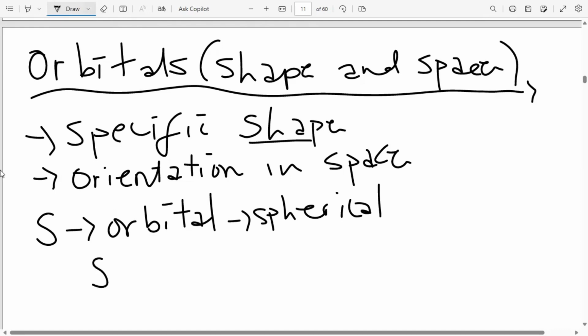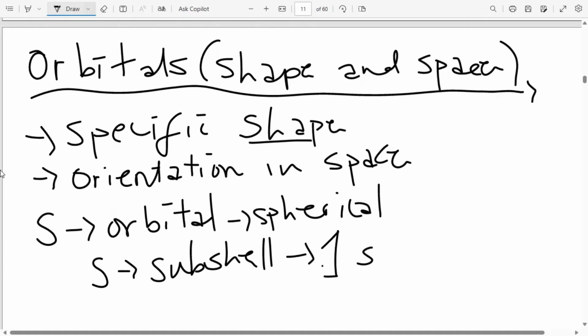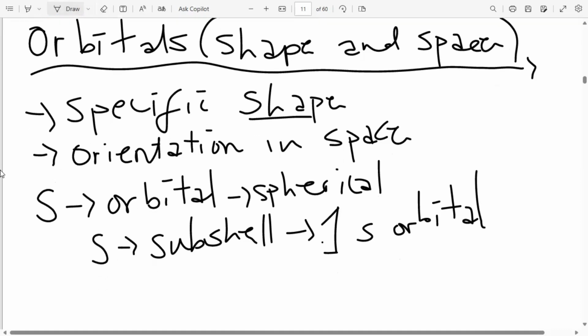So each s subshell in each energy level has one s orbital. Like this. And the s orbital can accommodate a maximum of 2 electrons.